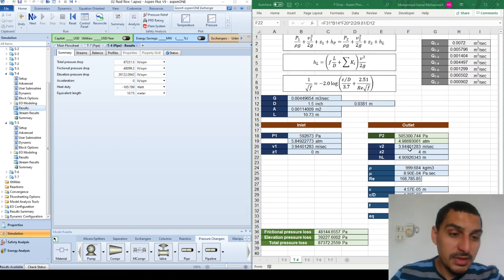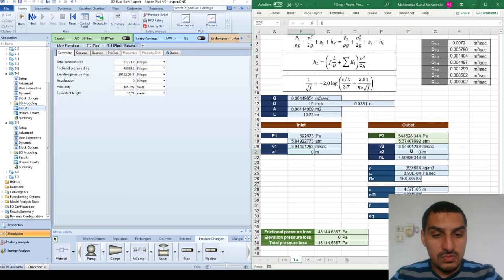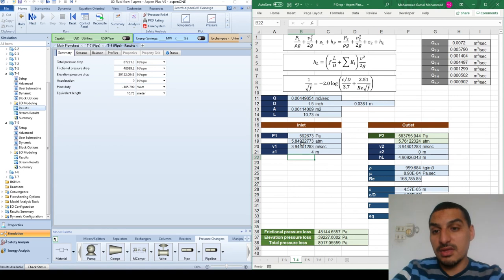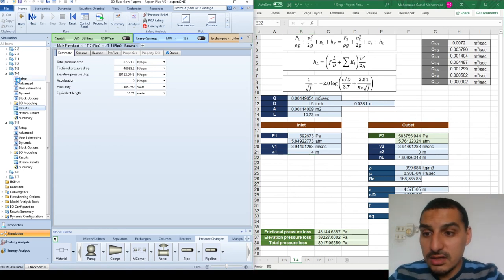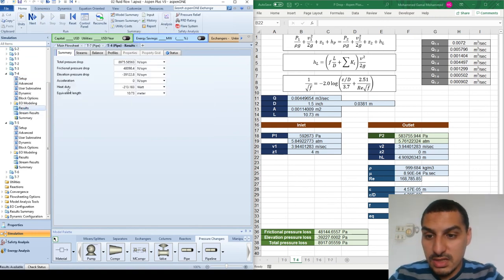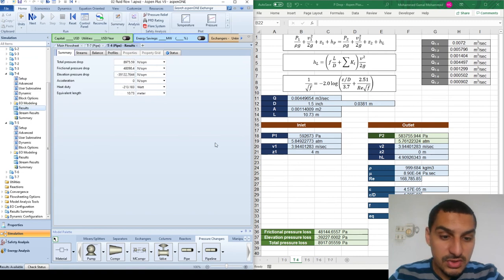If we flip it, just to make it go the other way, if I'm 4 meters higher at the entrance than the exit, here in the setup I'm going to make it -4. If you run the file and go to results, you'd see that the elevation pressure drop is negative, and the total pressure drop is going to be lower than before.